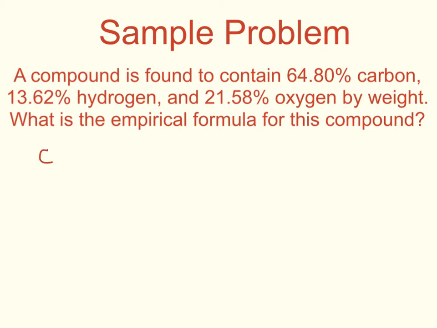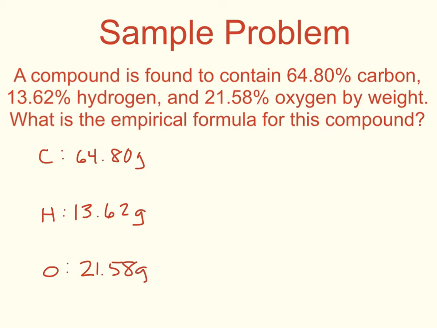So for carbon, we have 64.80 grams. For hydrogen, we have 13.62 grams. And for oxygen, we have 21.58 grams. Step 2 is to convert from grams to moles. So in each case, we're going to divide by the atomic mass for that element.